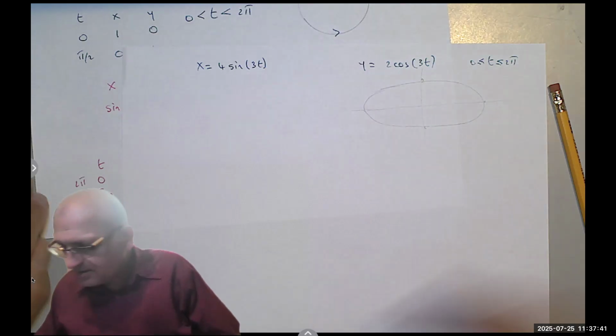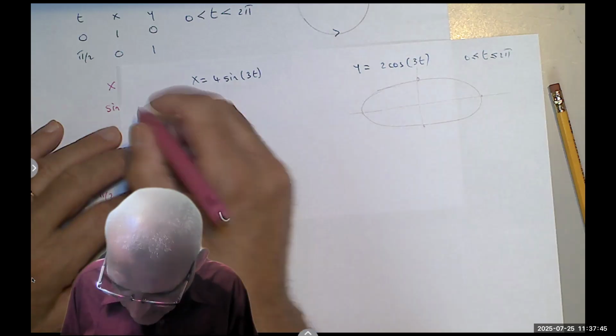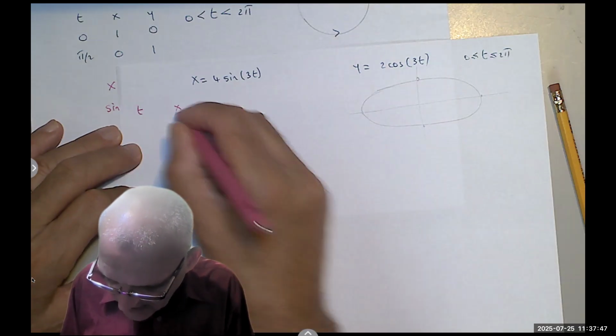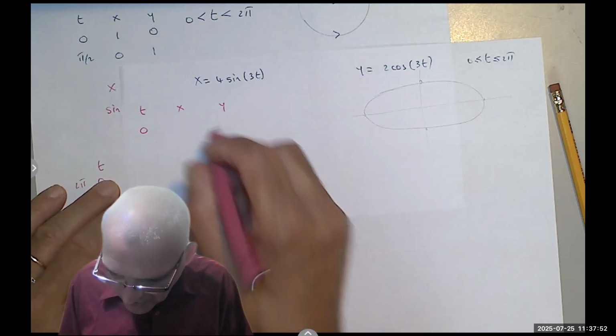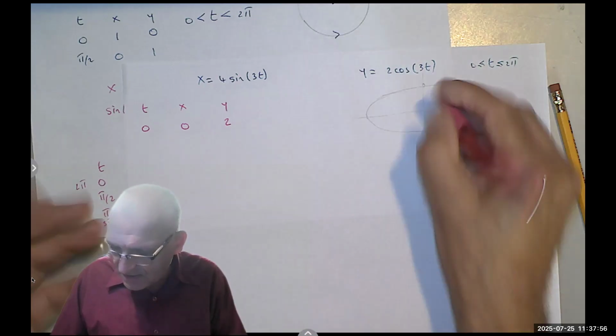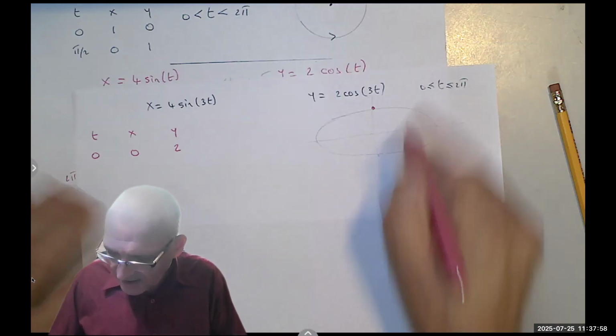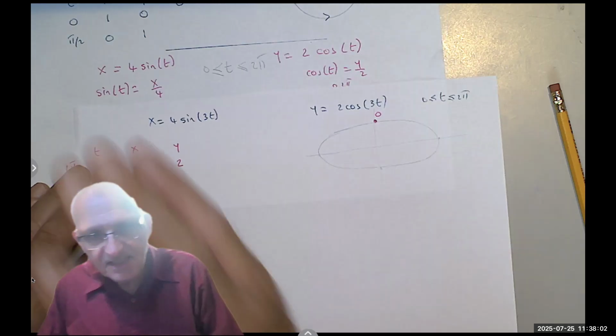And like before, I'm going to make a table, t, x, and y. T is 0 since I start at 0. So this is 0, and this is 2. Okay, it's the same thing. I'm starting here at t equals 0. That's identical. But wait a second.